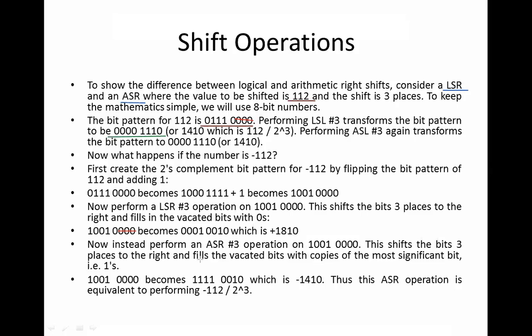Now, if we perform an ASR 3 operation on this value, this actually shifts the bits 3 places, and I am going to get a different value here. An ASR operation is equivalent to performing minus 112 divided by 2 raised to 3. 2 raised to 3 is nothing but 2 2s are 4, 4 2s are 8, so divided by 8.